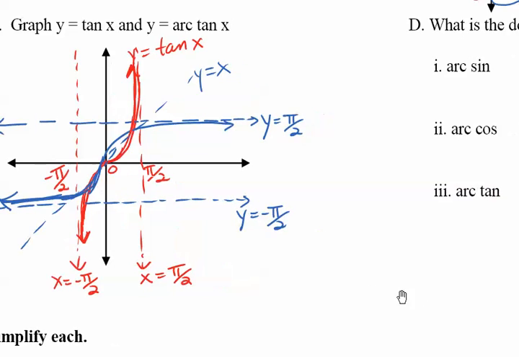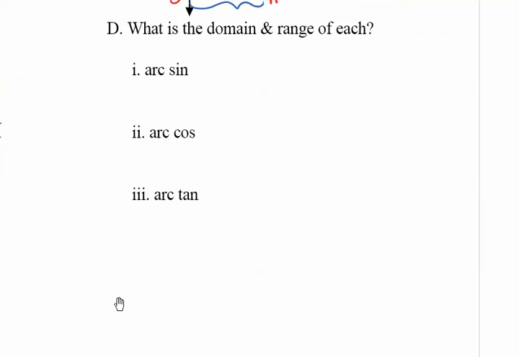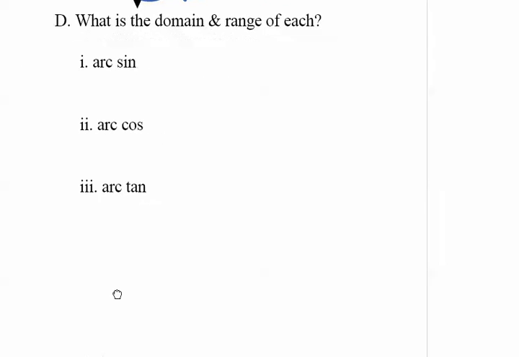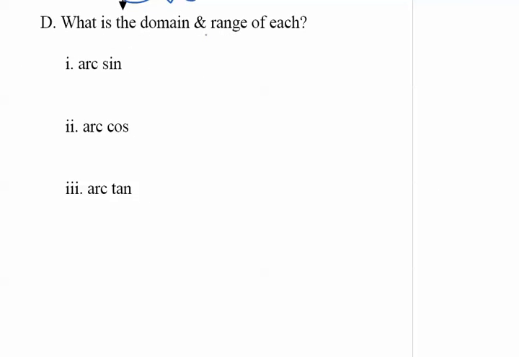All right, so for domain and range of each of these functions, remember that the range of the inverse function comes from the domain of the original. So we have to be careful about domain and range. So the range that we end up with was the restriction in the domain of the original.